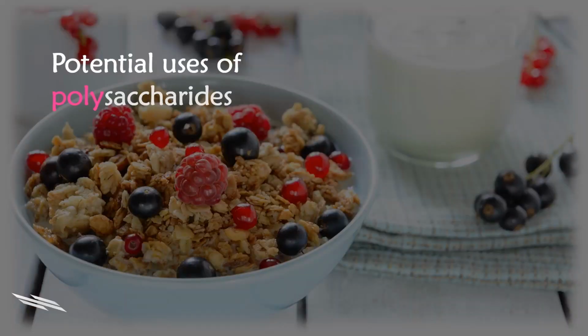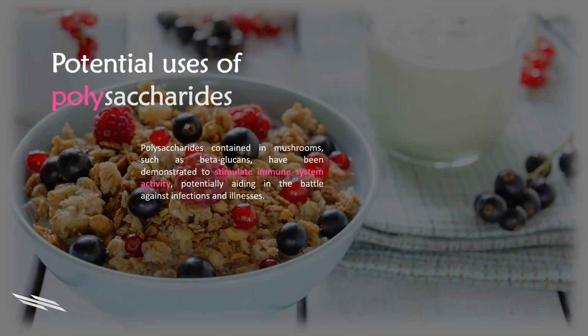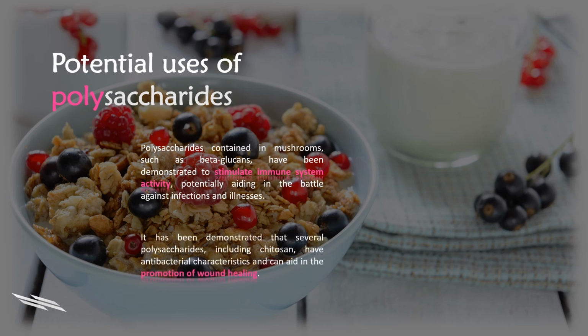Polysaccharides contained in mushrooms, such as beta-glucans, have been demonstrated to stimulate immune system activity, potentially aiding in the battle against infections and illnesses. It has been demonstrated that several polysaccharides, including chitosan, have antibacterial characteristics and can aid in the promotion of wound healing.